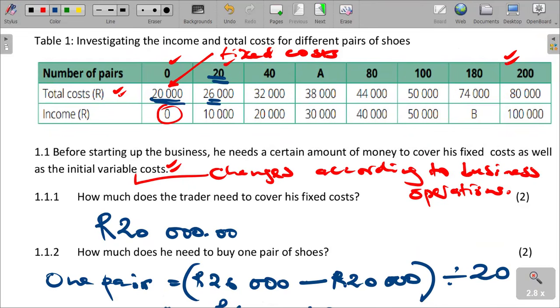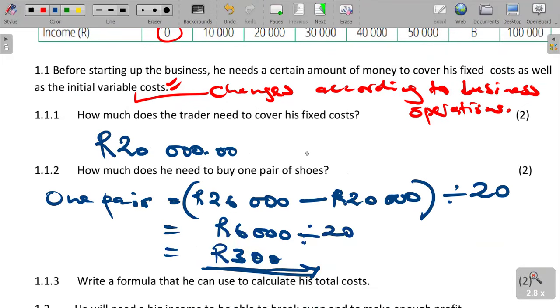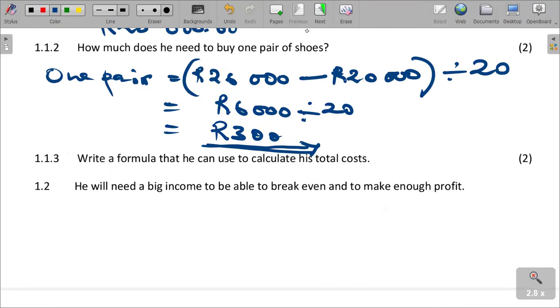We need to see how much the extra cost is, which is the variable cost. So 26,000 minus 20,000 gives us 6,000, divided by 20 pairs. Then we can see how much each pair costs.